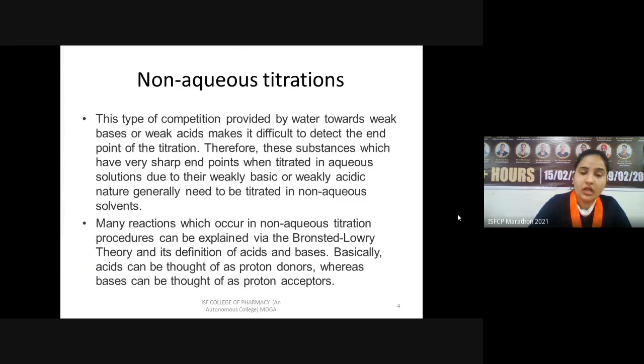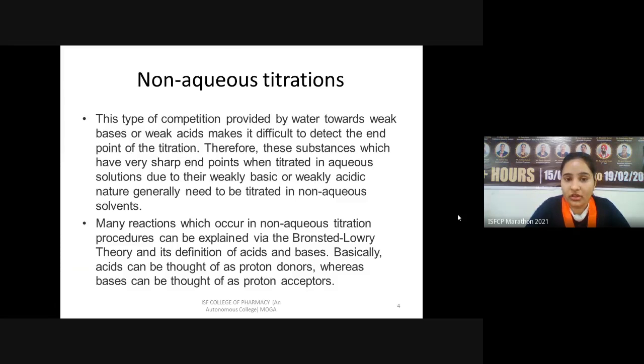Now, non-aqueous titrations. This type of competition provided by water towards weak bases and weak acids makes it difficult to detect the endpoint of the titration. As we have seen, undesirable reactions take place, which makes it very difficult to detect the endpoint.